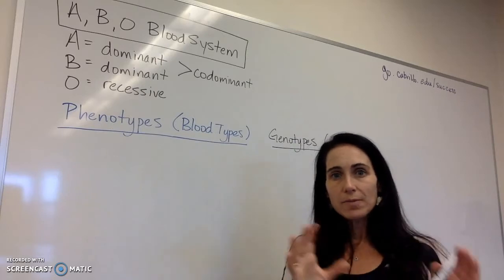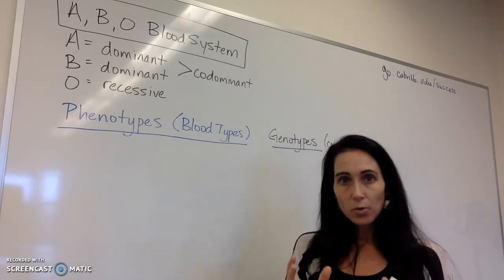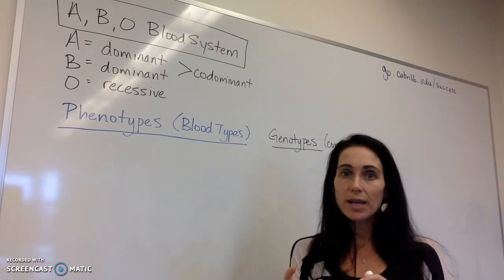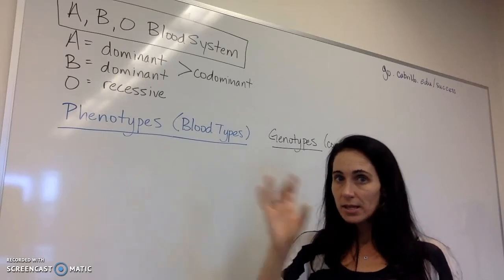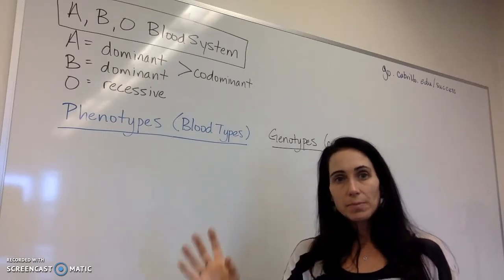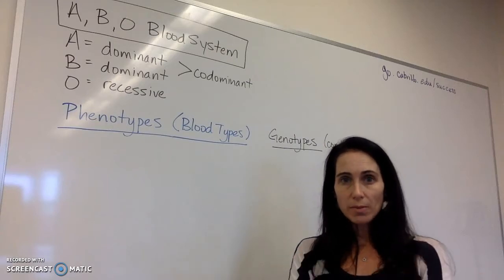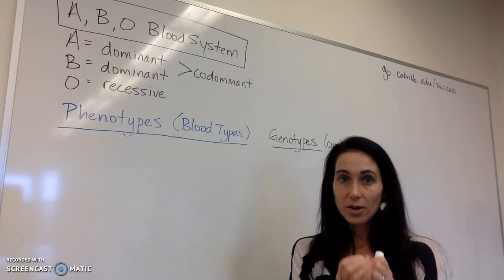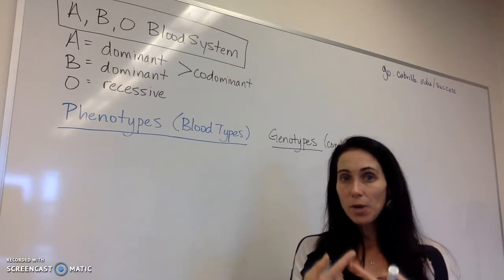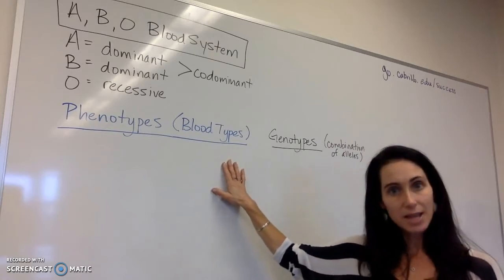Now, A and B, since they're both dominant, are co-dominant, meaning neither one cancels the other out. However, A is dominant over O, and B is dominant over O. So both A and B are dominant to O, but co-dominant together, meaning they don't cancel each other out. They're both going to show up in the phenotype, or in this case, the blood type.